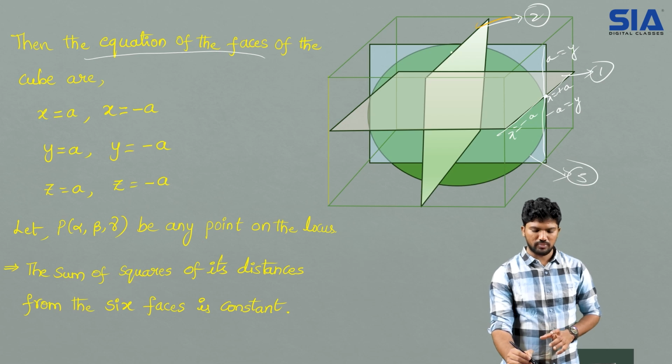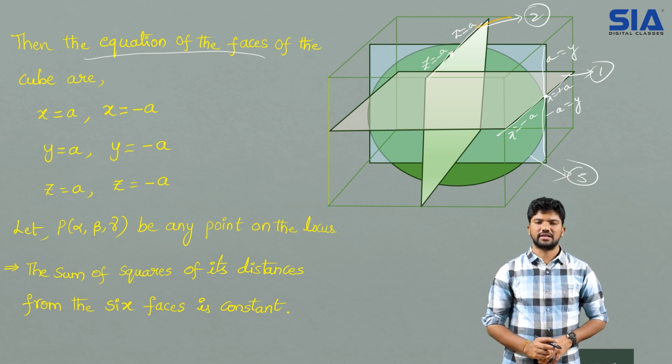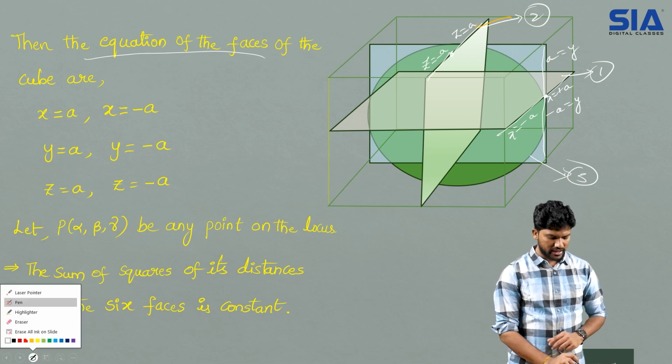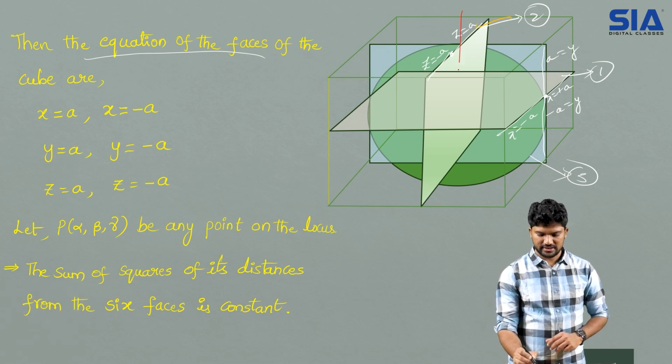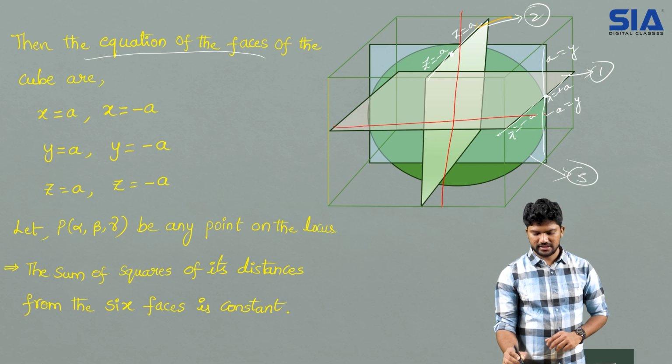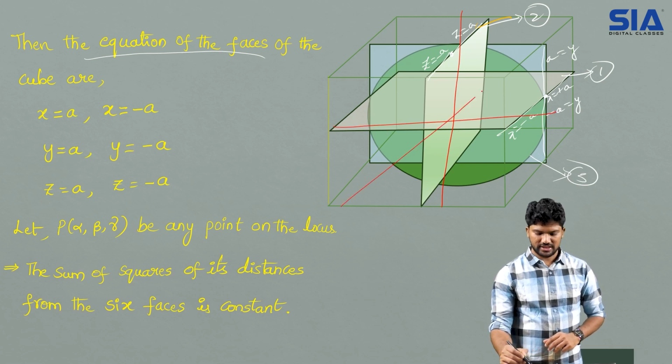Similarly here you have one more axis, the z-axis. Z is equal to a, and this is z is equal to minus a. So just imagine the coordinate axes here, x-axis, y-axis and z-axis, 3 coordinate axes.